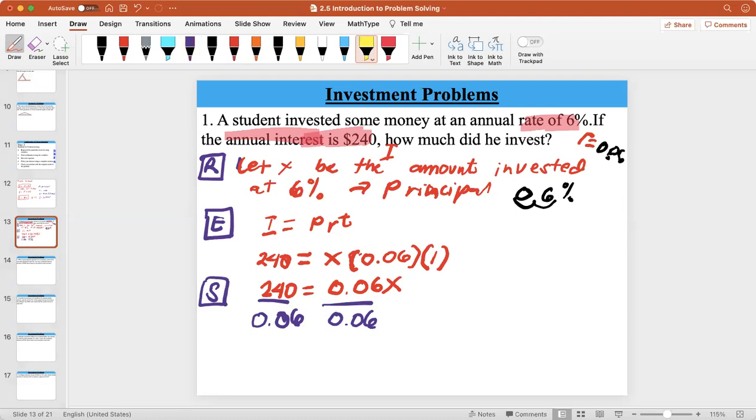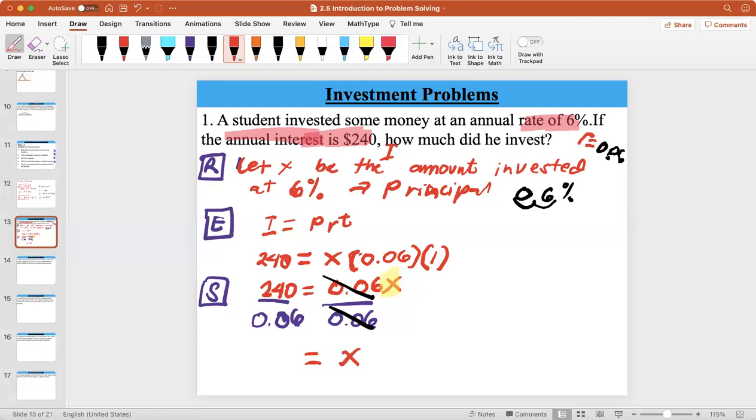And then we can cancel out 0.06 so we can isolate x. Because x is right there, we need to get rid of 0.06 by dividing both sides by 0.06. X is not always on the left. Sometimes it's on the right. So 0.06 divided by 0.06 is equal to 1, and that will now be your x.